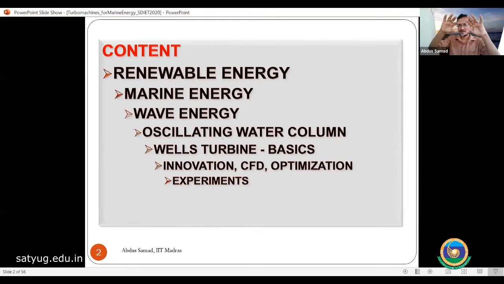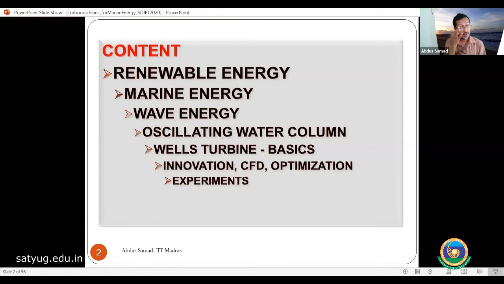So, a general global renewable energy overview, India and the world, and what is the performance in renewable systems and how we are working, and where is the position for marine energy, and where is wave energy within marine energy, because marine energy may include tidal energy or desalination, ocean thermal energy conversion systems, or salinity gradient systems, or many other types.